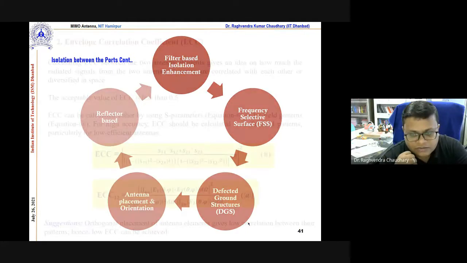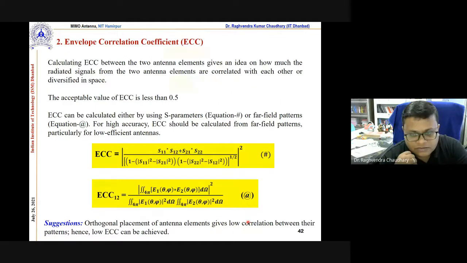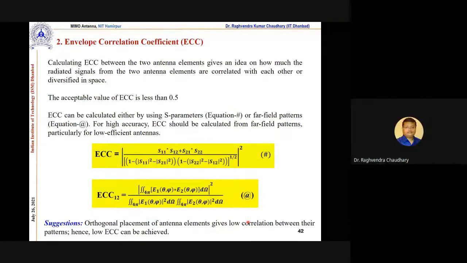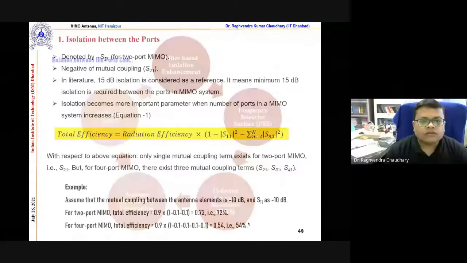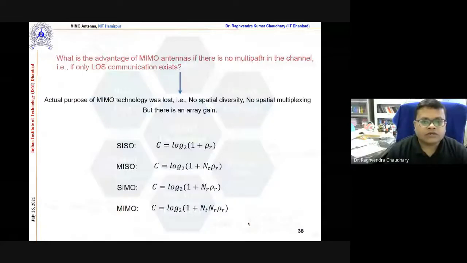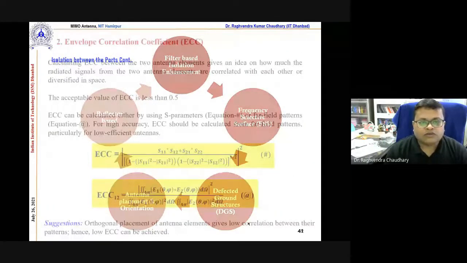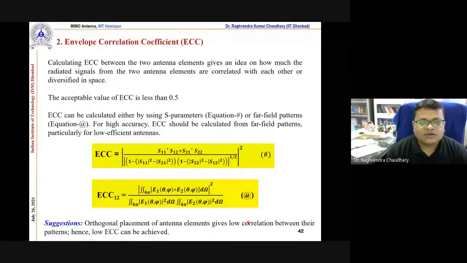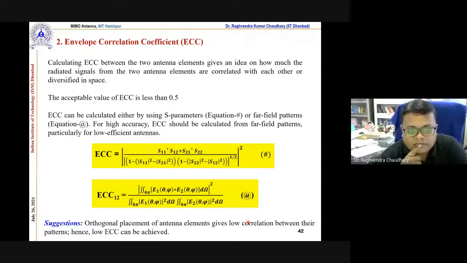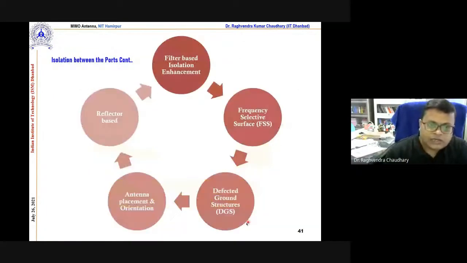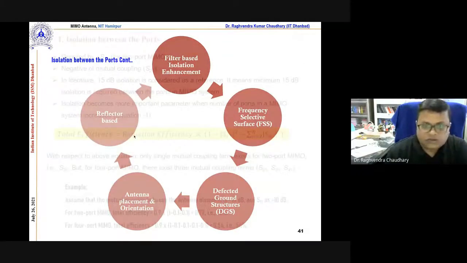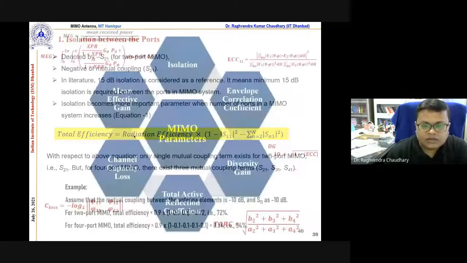Let me, sorry, just a minute. The slide came first. Before that, I have to tell all the definitions first, then we will go one by one.